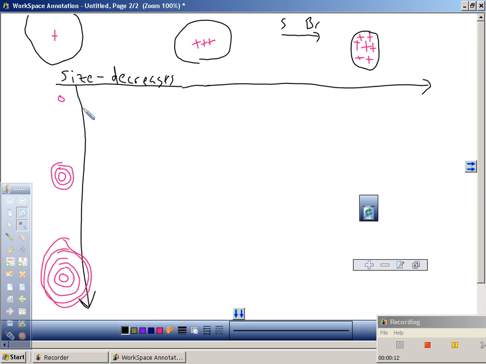So clearly as I go down a group, size increases. So if I had two elements, bromine is above iodine. As I go down, size increases. So I know iodine is going to be larger and bromine is going to be smaller.